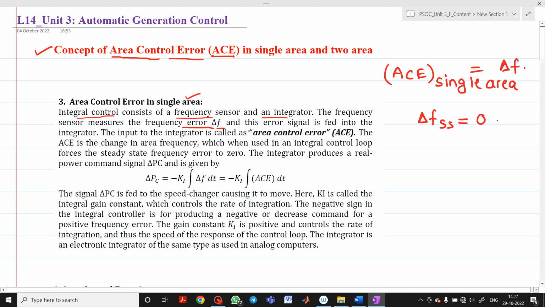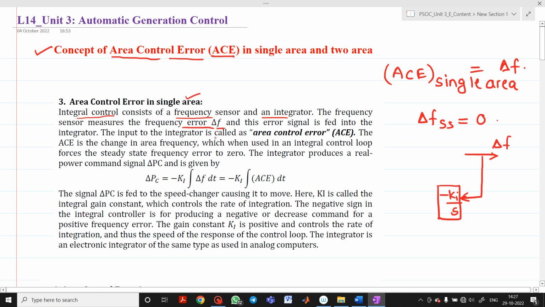If you see the block diagram representation of the effect of integral controller on single area load frequency control, the output of the block diagram is delta F, which is given to the integral block, which is minus Ki by S.